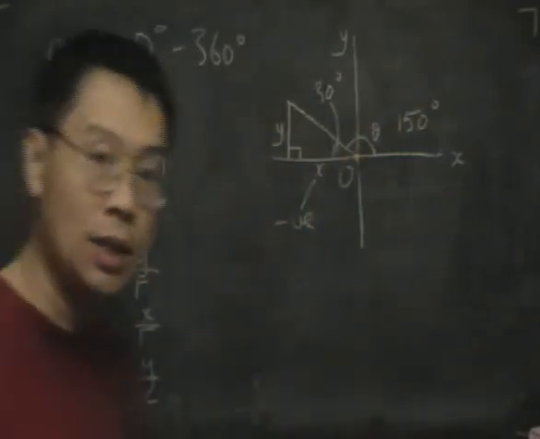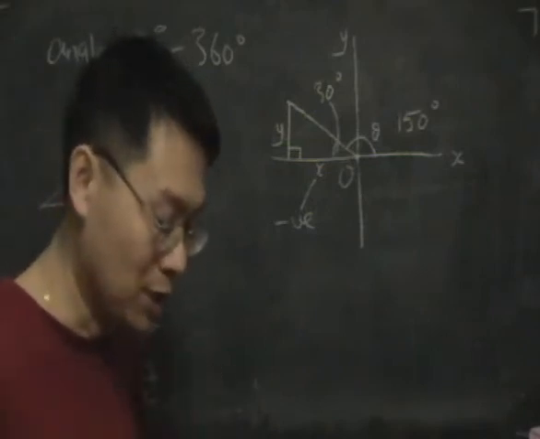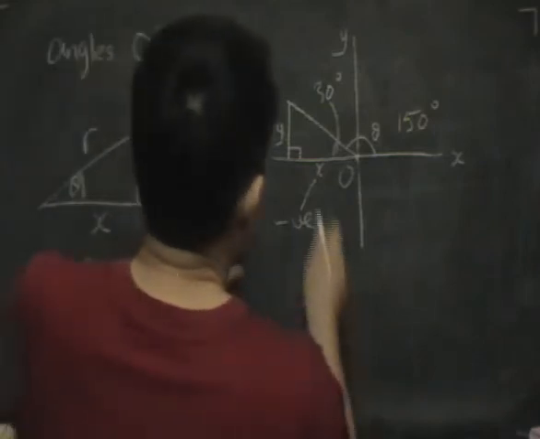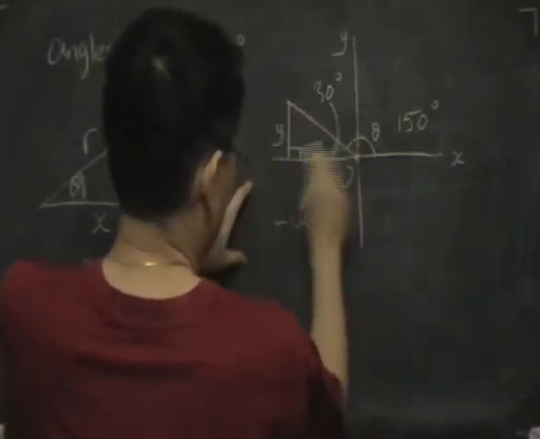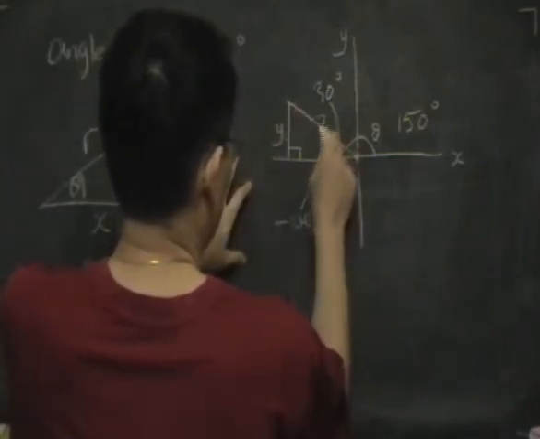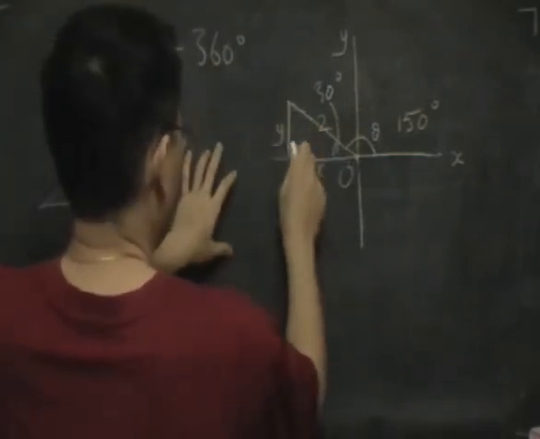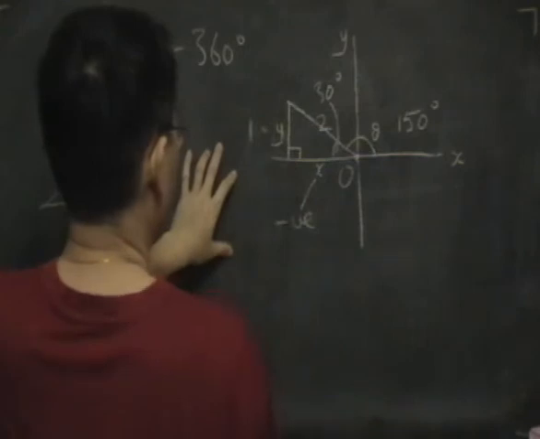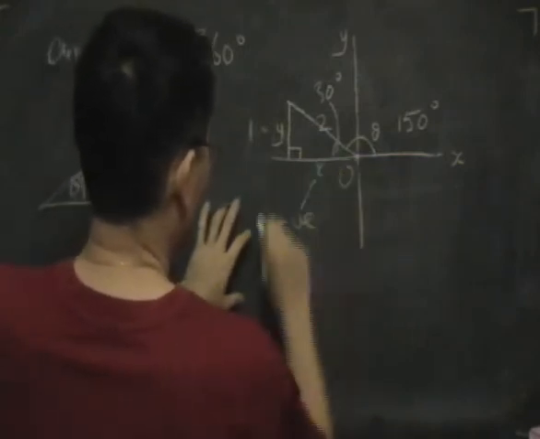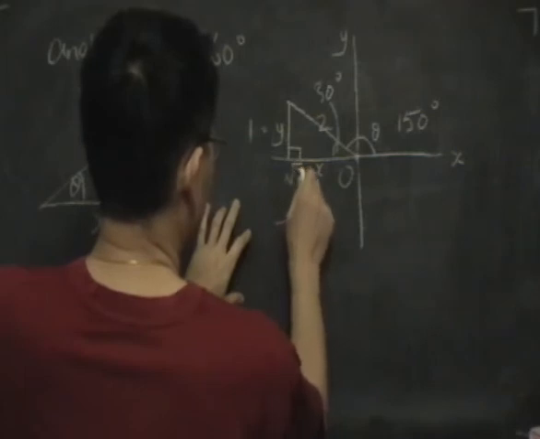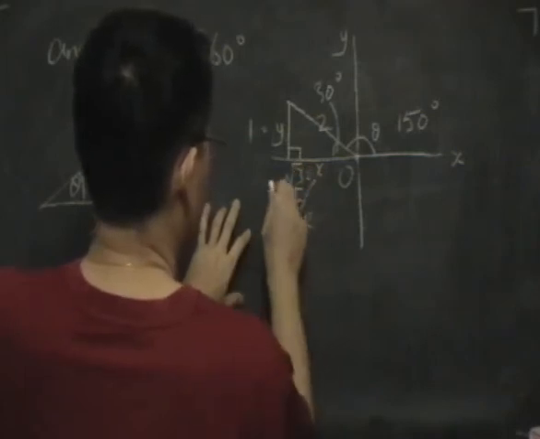Now we know that 30 degrees is a special angle. We've learned that in an earlier session. So if this angle is 30 degrees and if the hypotenuse is 2, then the y will be 1 and the x there will be equal to root 3 over 2 with a minus sign.